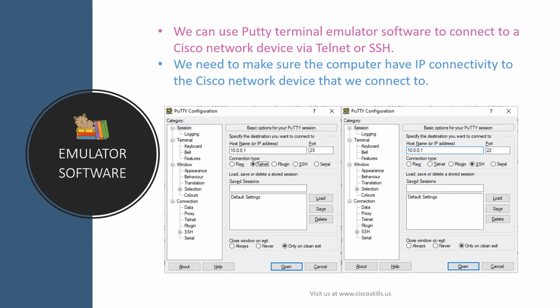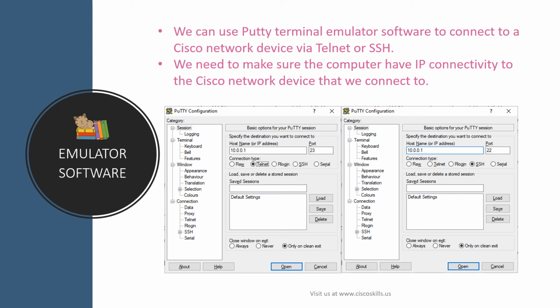We can use Putty terminal emulator software to connect to a Cisco network device via Telnet or SSH. However, we need to make sure the computer has connectivity to the Cisco network device that we connect to.